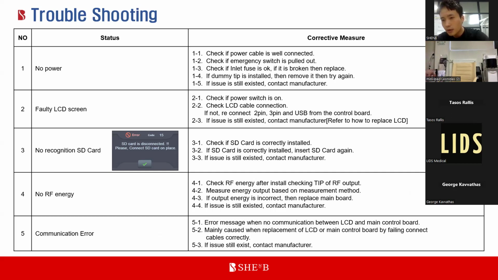That means the power is sufficiently supplying to the machine. Also, the main screen button will have a blue light coming on, which means power is okay. If we press that main screen button, the LCD screen should come up. But if it doesn't, there might be something wrong with the connection between the LCD and the device. I'll show you how we check the LCD on the back of the slide.